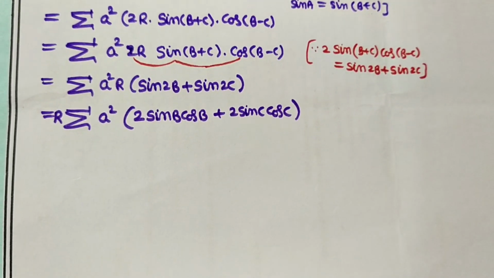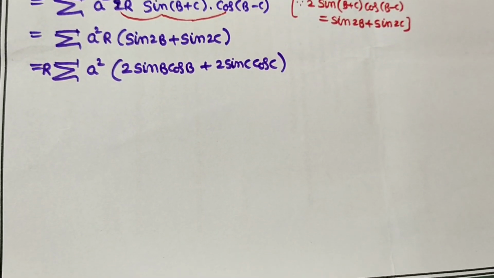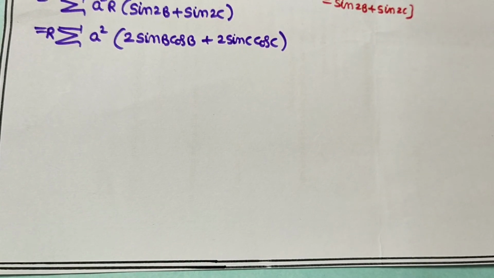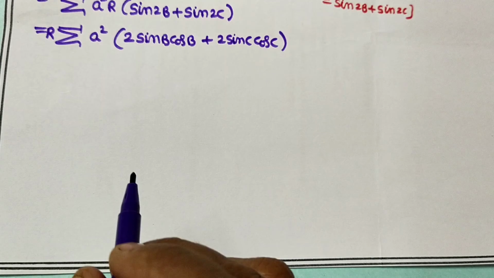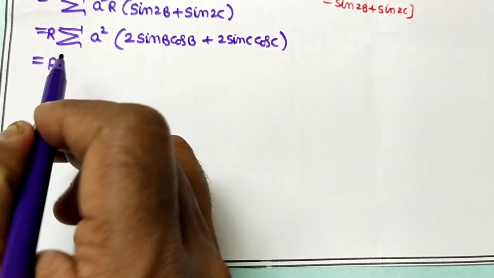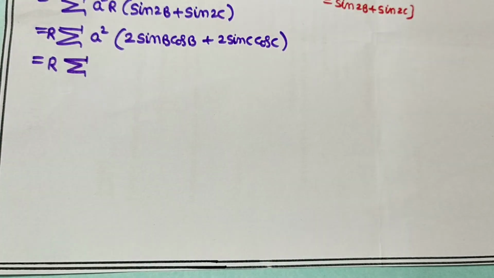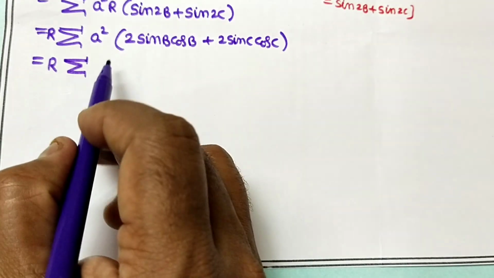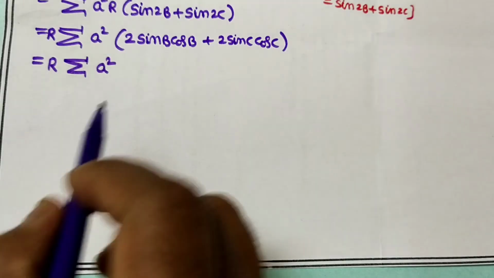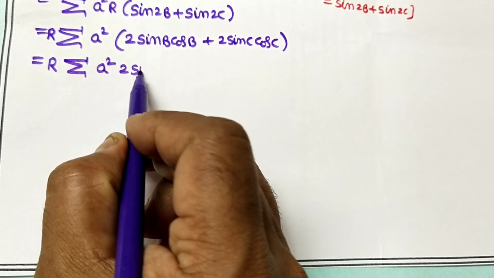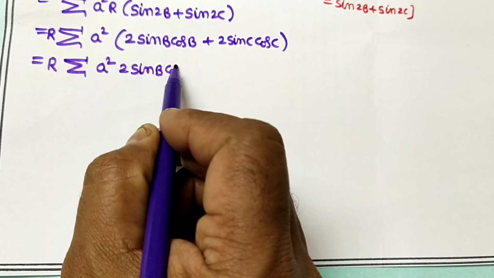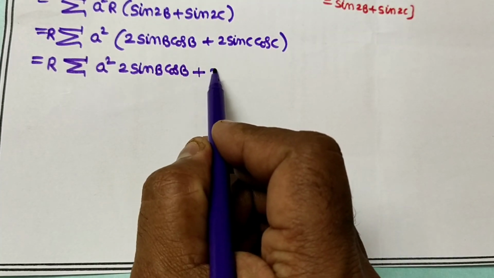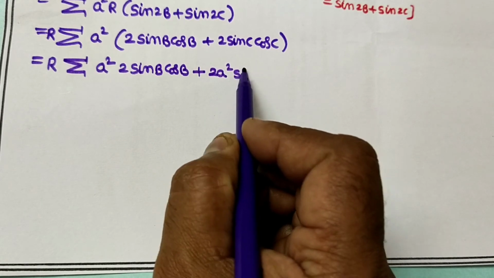After reaching this step, here capital R into sigma a square, 2 sin b cos b plus 2a square sin c cos c.